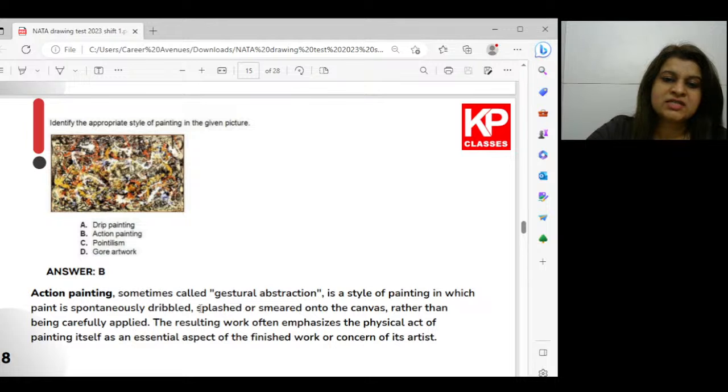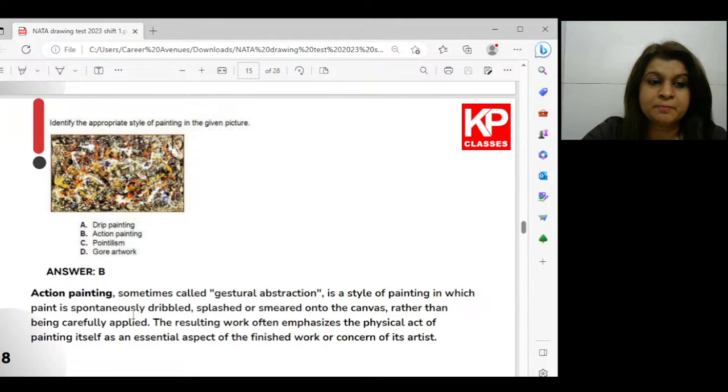Okay, this style of painting in which paint is spontaneously dribbled, splashed, or smeared onto the canvas rather than being carefully applied. The resulting work often emphasizes the physical act of painting itself as an essential aspect of the finished work or concern of its artist.